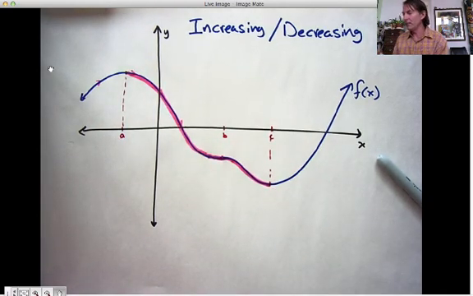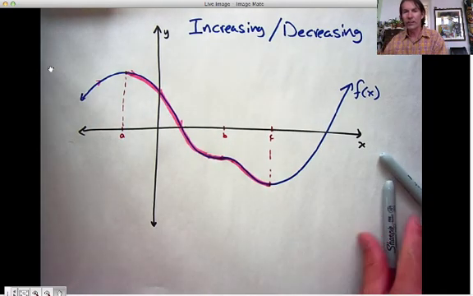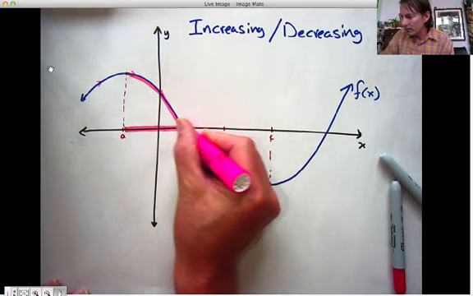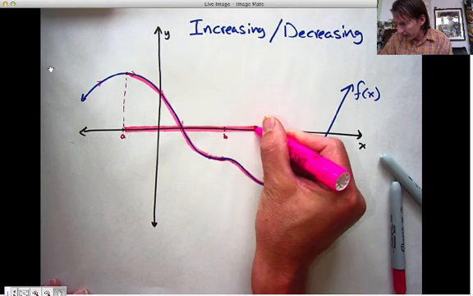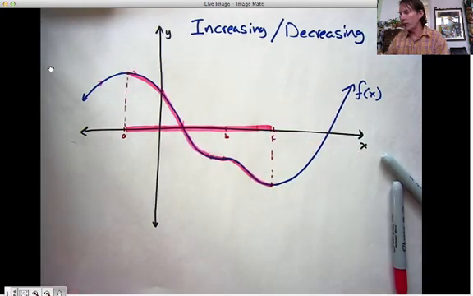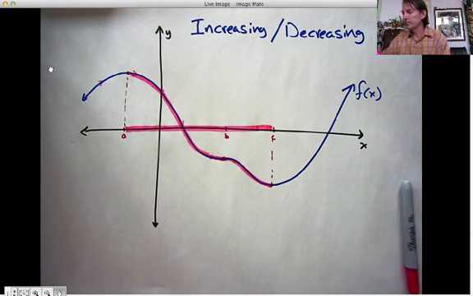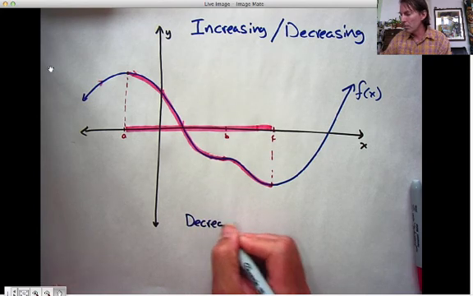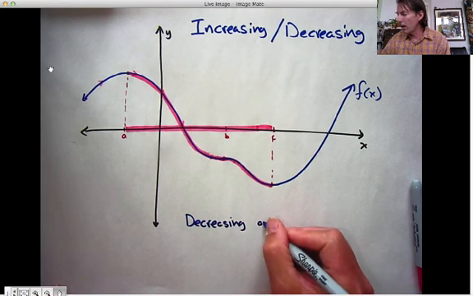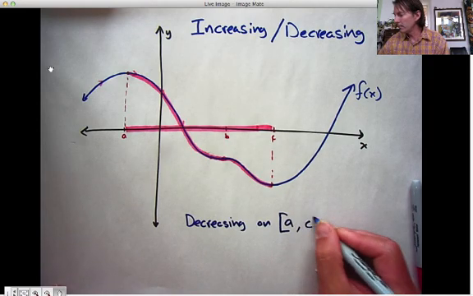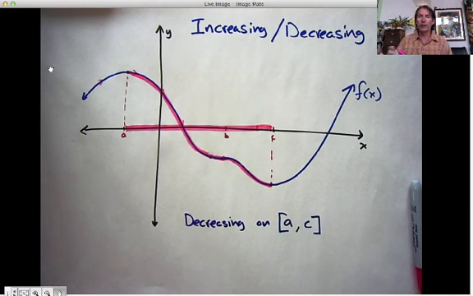So where is it decreasing is the question. It's decreasing here. These x values define where it's decreasing. So we can say this function is decreasing on the interval from A to C. This is where it's decreasing.